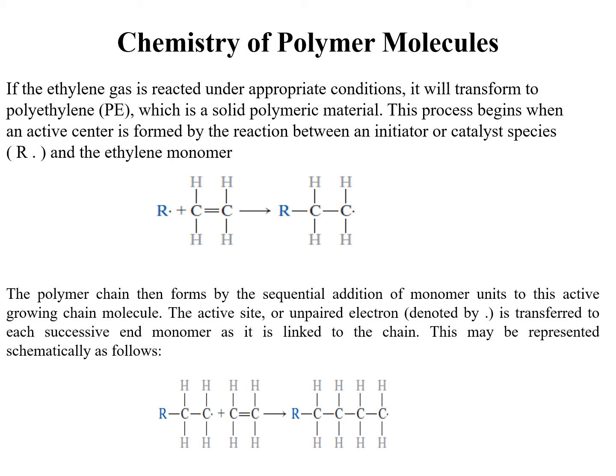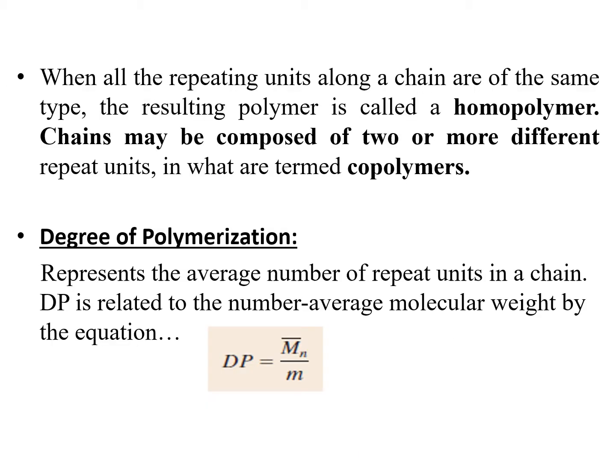So this is represented as follows, and the final result, after the addition of many ethylene monomer units, is the polyethylene molecule, that is nothing but a polymer, a solid polymeric material. So this is the chemistry behind the formation of polymer molecules.